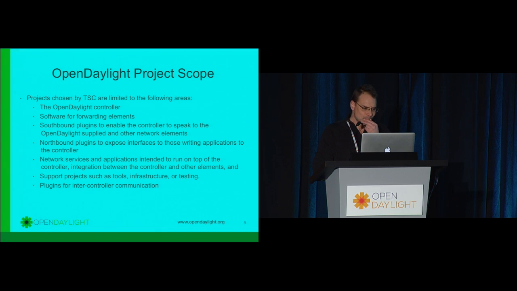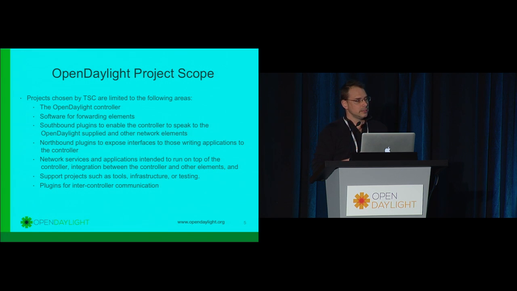So the projects, the project life cycle, there's a whole procedure and process that goes on in the organization for how to propose a project, have it accepted, and have it worked on. In fact, we're going to go through some of those in a bit. But the organization itself is constructed so that there's basically two halves of the organization. There's a board of directors and a TSC, although there's also a marketing organization as well.